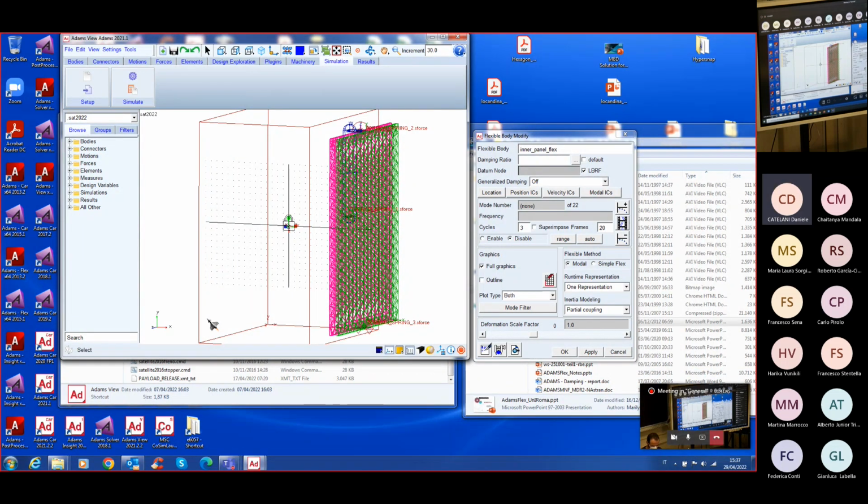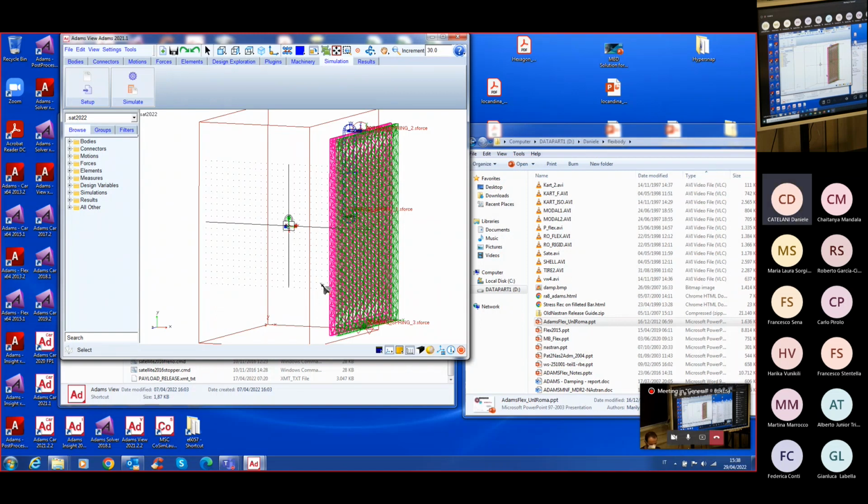Another thing I want to show you is the application of a control system to this model. We have two ways of applying a control system. One using only Adams elements, and the second one using Adams Controls, which gives you the possibility to work, for example, in combination with MATLAB Simulink.